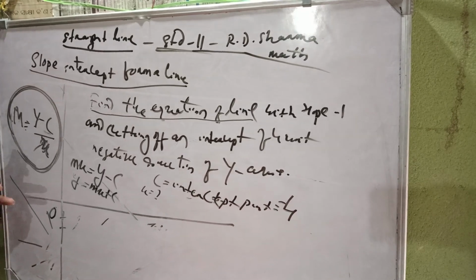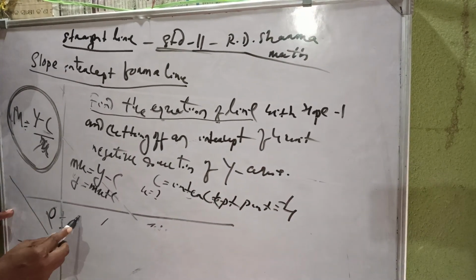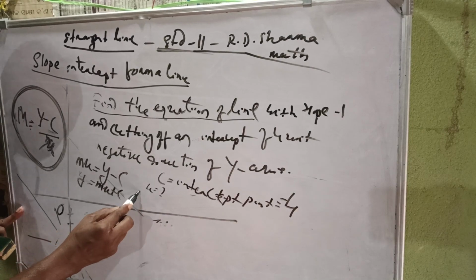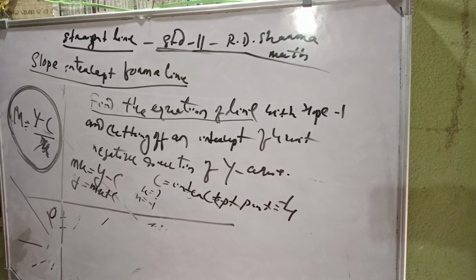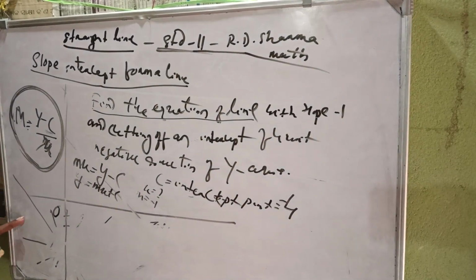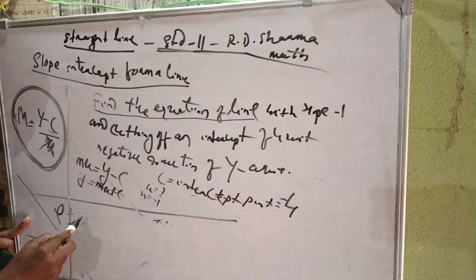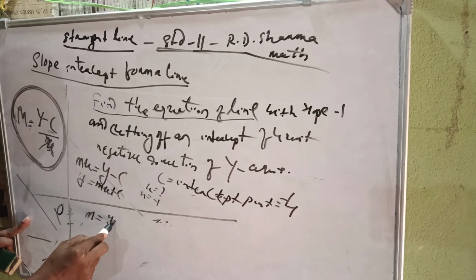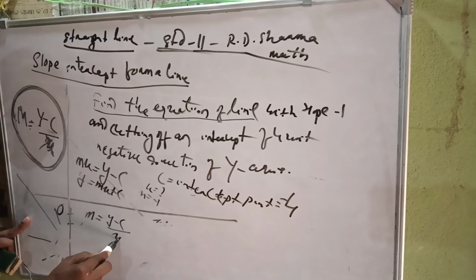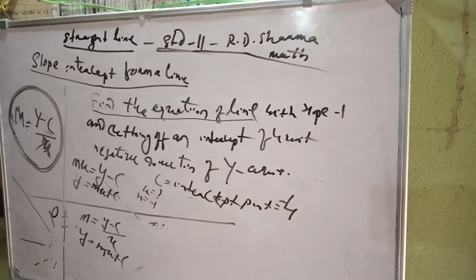So m is equal to minus 1. Now we will put the values in that equation. We know that m is equal to y minus c by x, or y is equal to mx plus c.